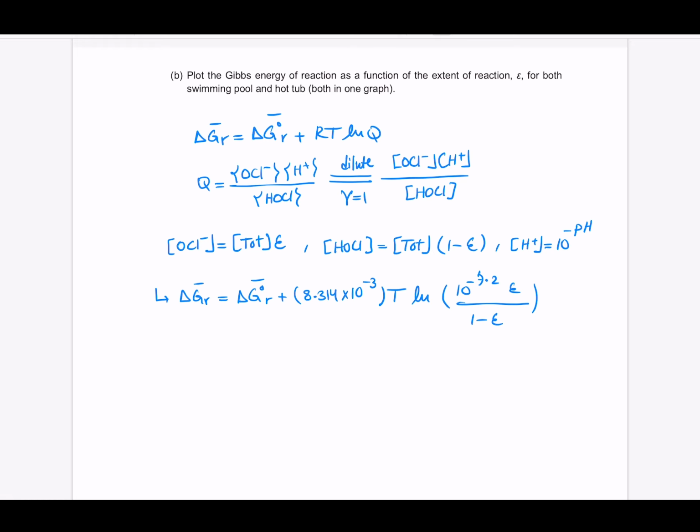So now this is the core equation. What we're looking for is delta G on the y-axis, epsilon on the x-axis. So we can change epsilon from 0 to 1 logically and then calculate delta G. But the difference between swimming pool and hot tub is the T factor.